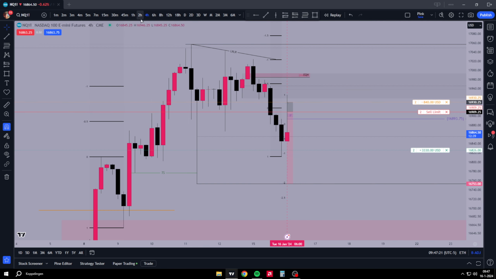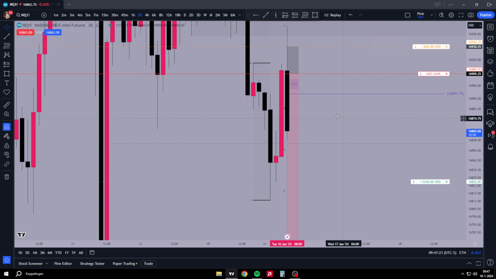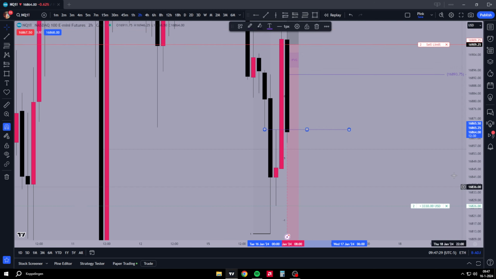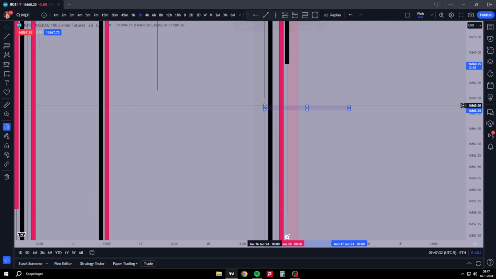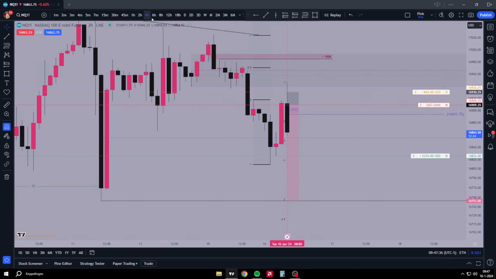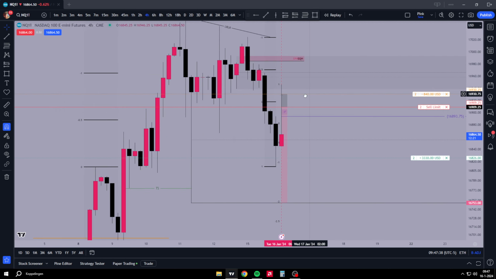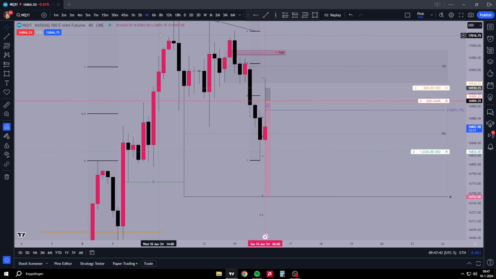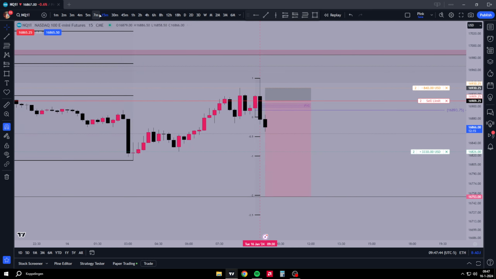Singular for V gap, because there's a V gap here, as you can see. It is a V gap. So tap into the singular for V gap, we tap the order block. Went all the way lower, so yeah.